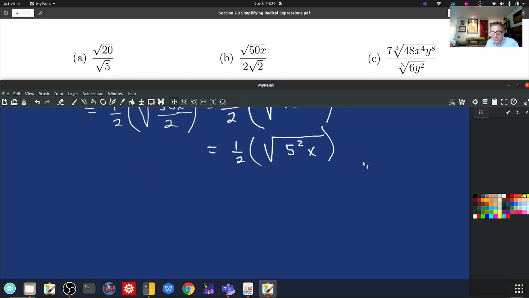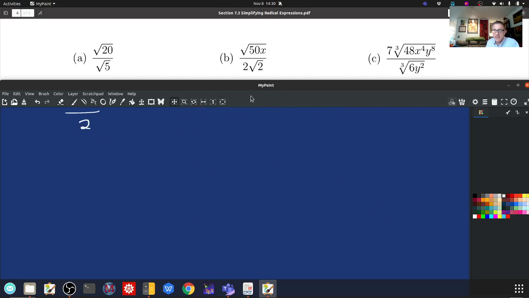So since 2 is divisible by the index, that's equal to 1/2 times 5. The x has to remain underneath the radical. So another way of writing that is 5 times the square root of x divided by 2. Sorry about that, I copied it down wrong.